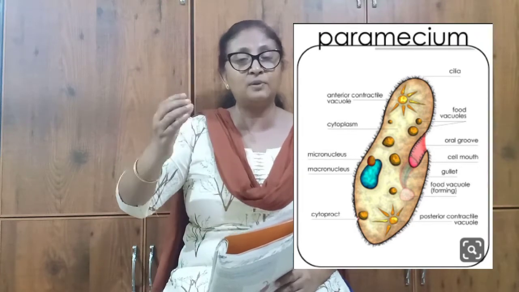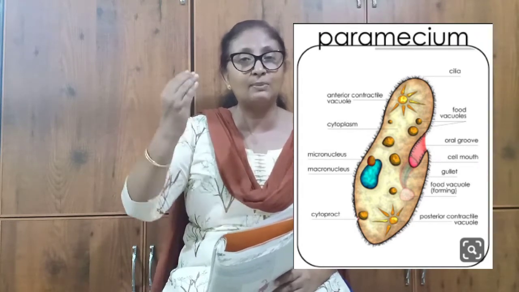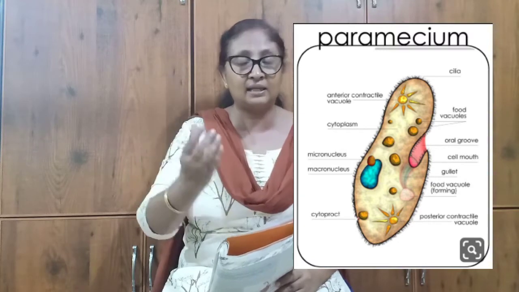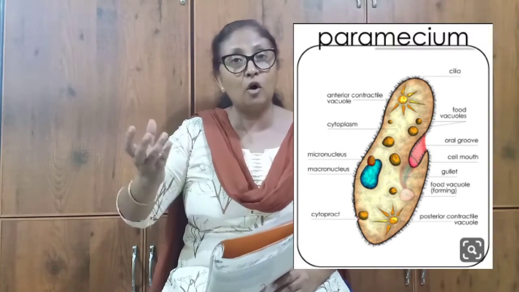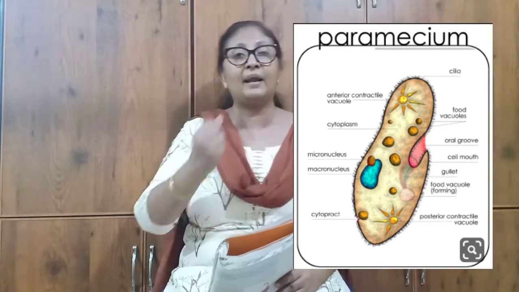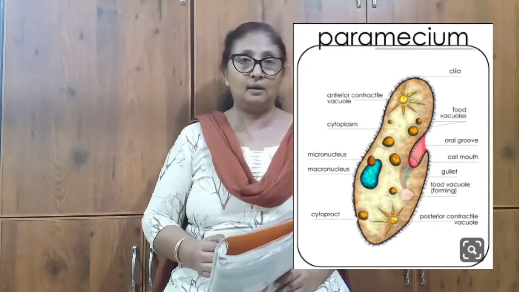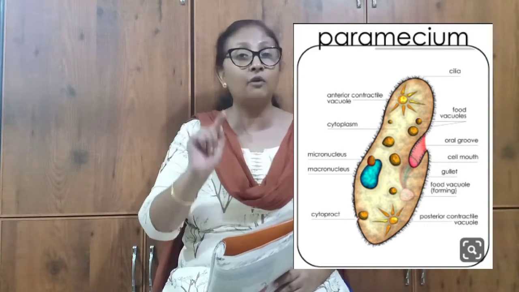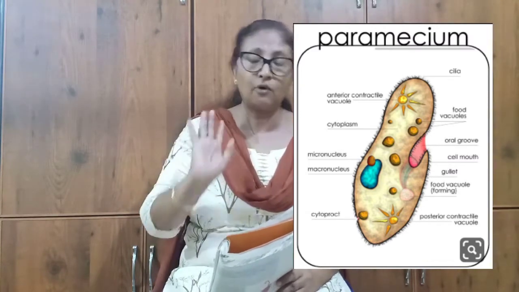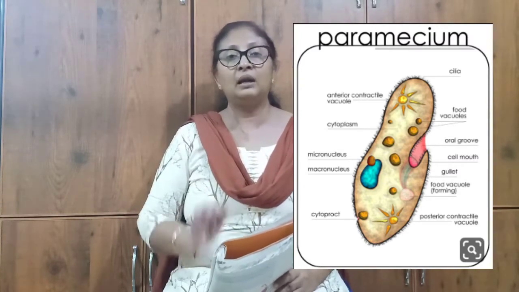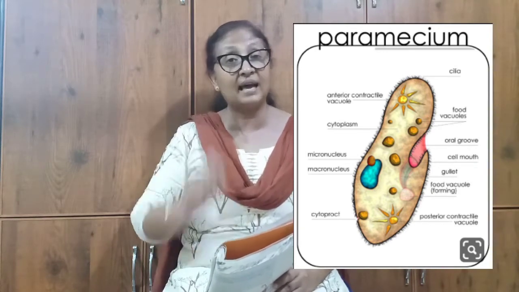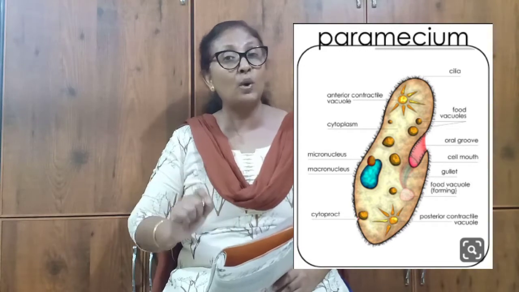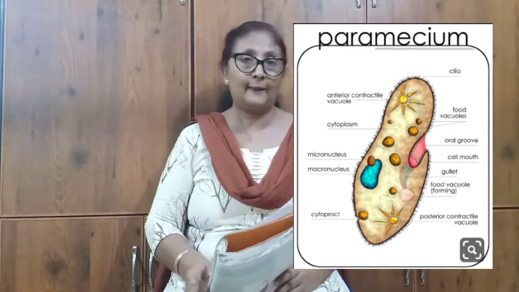The cilia help to bring the prey towards a specific spot called the gullet. And the prey is then incorporated into the body of the paramecium through the gullet. Thus, it forms a food vacuole. Now, this food vacuole is then digested, absorbed and assimilated. And the waste is then ejected out through a specific spot.